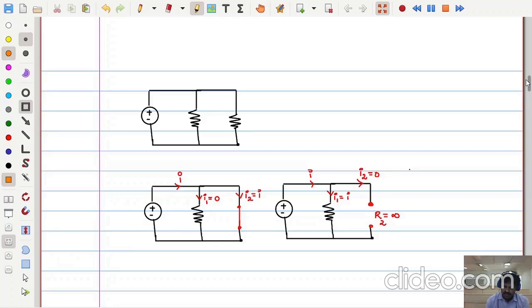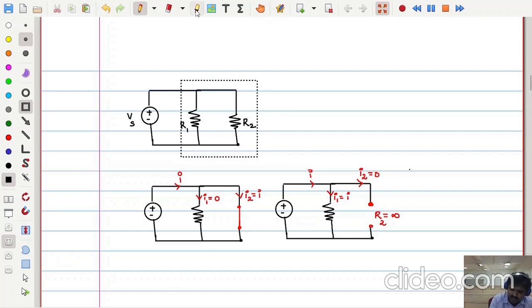Right. So far we had seen the series connection and parallel connection. Now let us take a closer look at the parallel connection. If this is a voltage source Vs, this is a resistance R1, and this is a resistance R2. Observe that R1 and R2 are connected in parallel, which is connected across the voltage source.